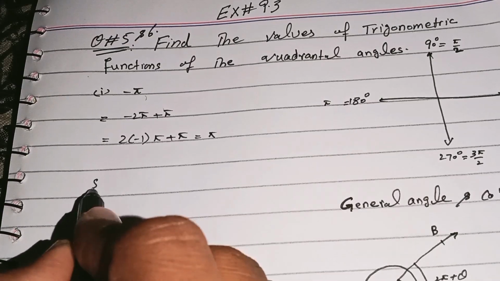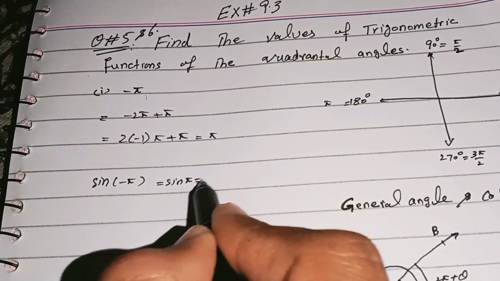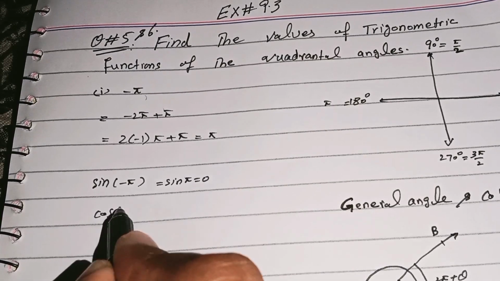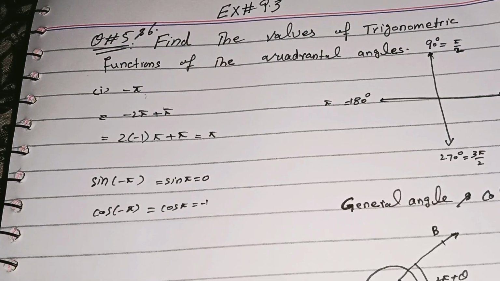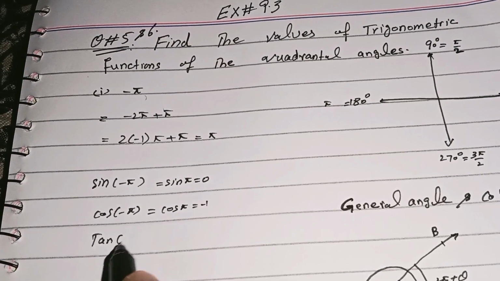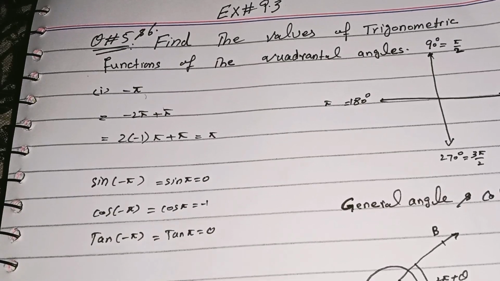So we can write sine of minus pi is equal to sine pi, which is 0. Cos of minus pi is equal to cos pi, which is minus 1. Tan of minus pi is equal to tan of pi, which is 0.